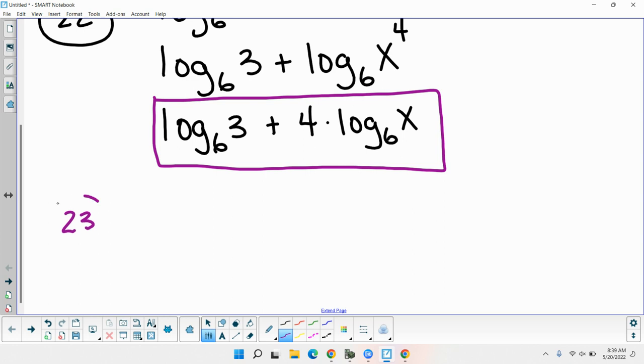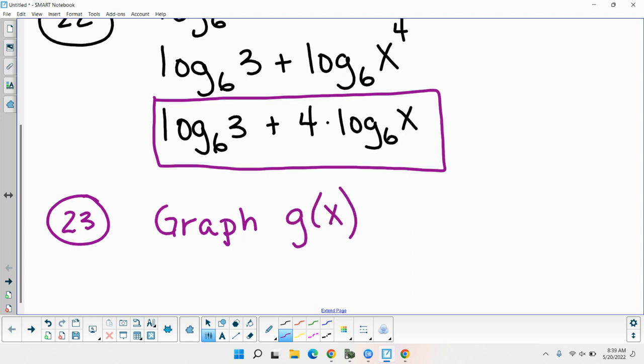which starts with number 23 here. And we're supposed to graph a function. And it's a rational function. It's a fraction. When we do this, we did it in our calculator, but you want to make sure that you put parentheses around your numerator and your denominator.